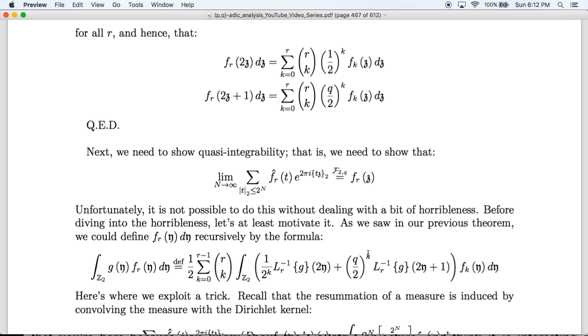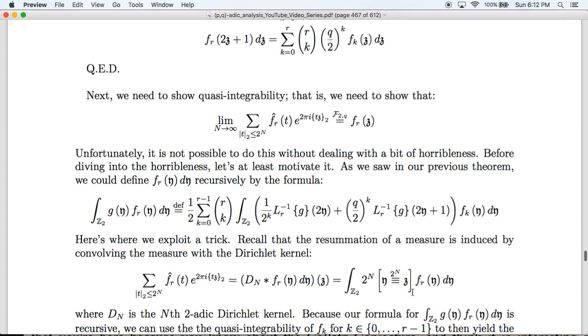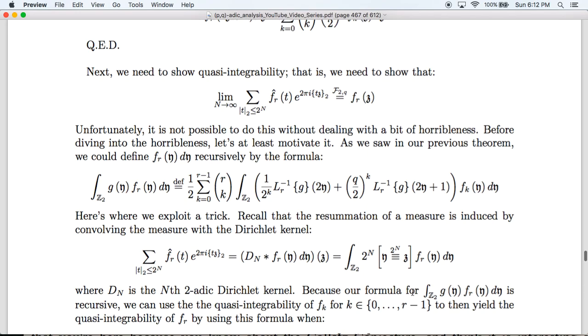Now we're going to exploit a trick. Recall that summing the Fourier series, which we call resummation, is the same thing as convolving the measure with the nth Dirichlet kernel. So we're going to consider this formula when g is the nth Dirichlet kernel.